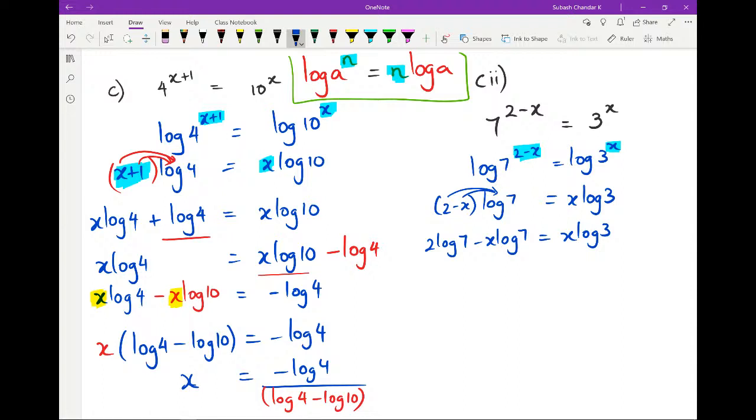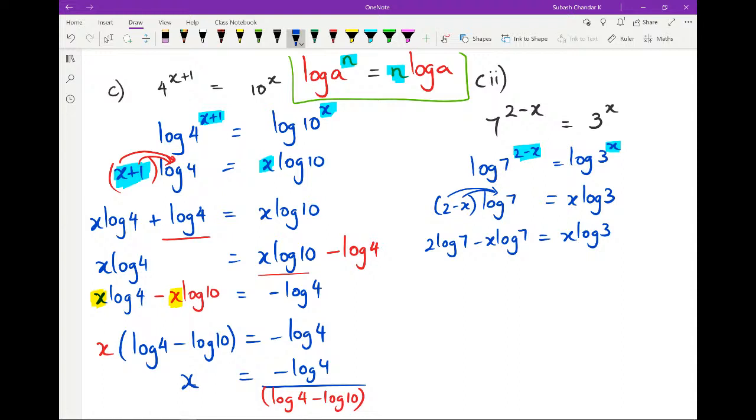Hang on, Micah, I'm just having a look at C1, how did you go from x log 10 to minus x log 10? Oh, right.